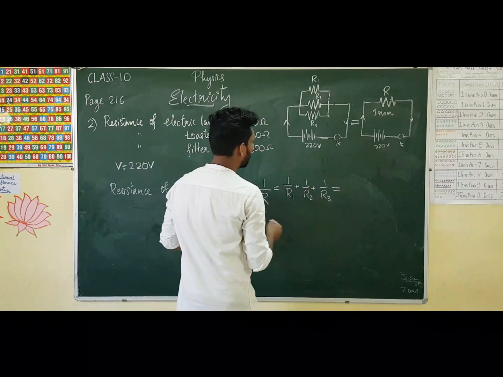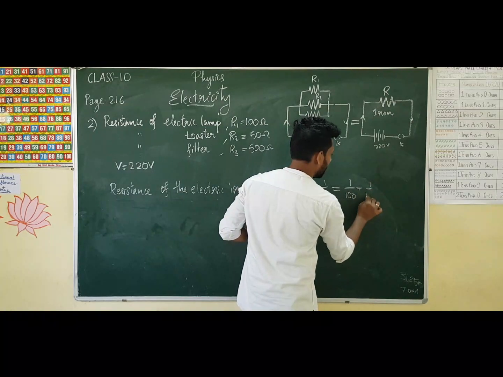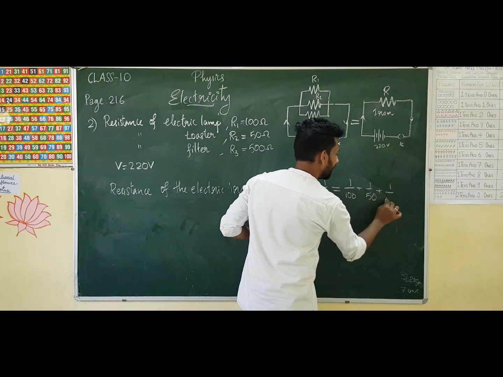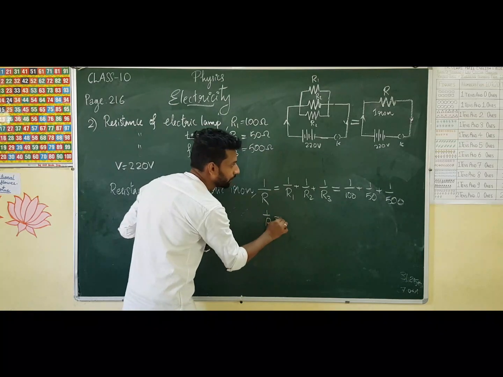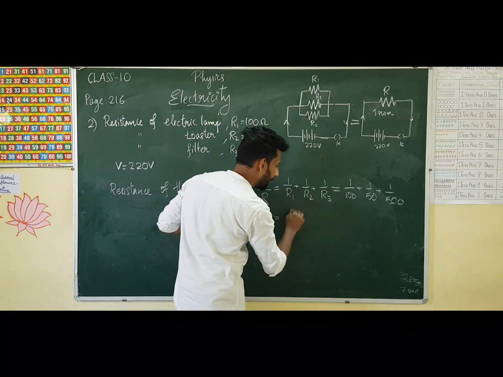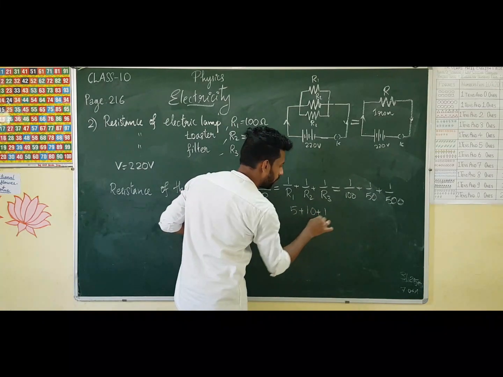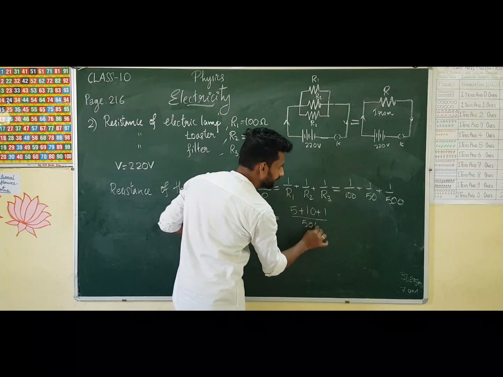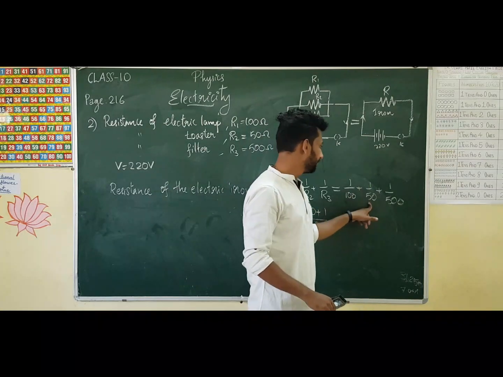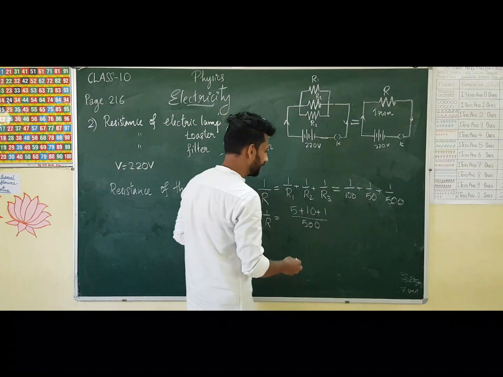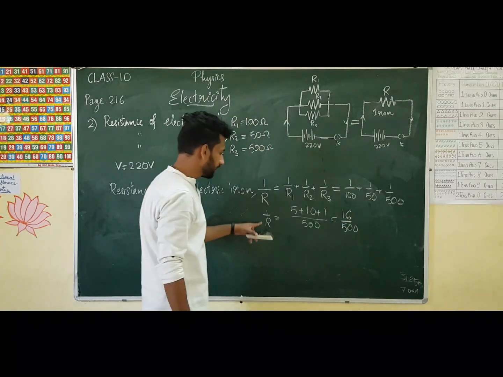Substitute the values: 1 by 100 plus 1 by 50 plus 1 by 500. So what will be the LCM? 1 by R equals 5 plus 10 plus 1 divided by 500, isn't it? 5 into 100 will be 500, 10 into 50 equals 500, and 1 into 500. So our answer will be 16 divided by 500. This is not our answer. This is 1 by R.